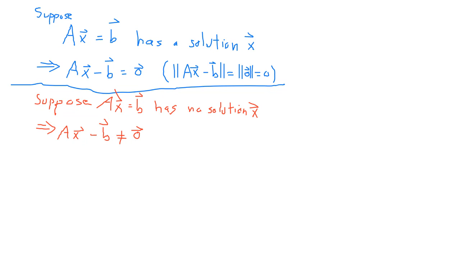This is the perfect situation. But for this case here, when Ax equals b has no solution, that means that the length of Ax minus b is what?